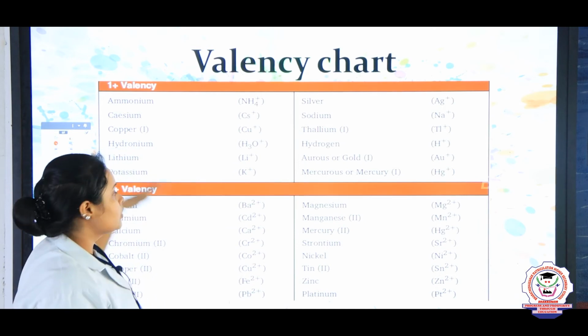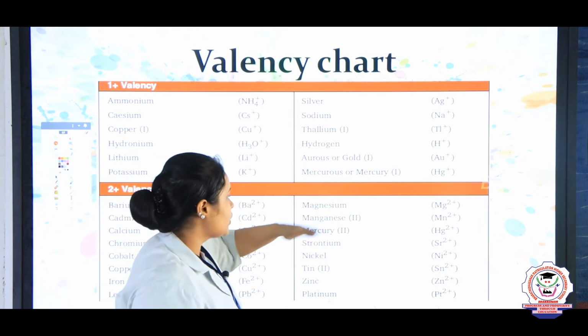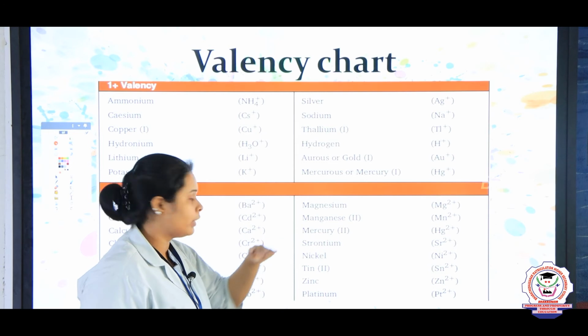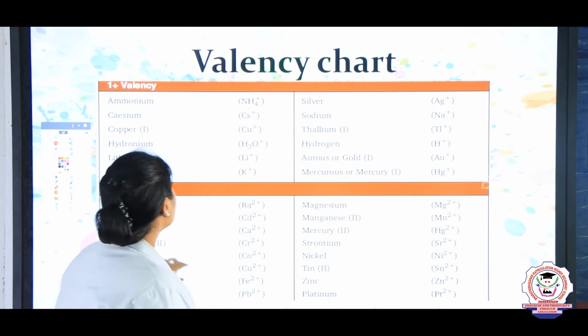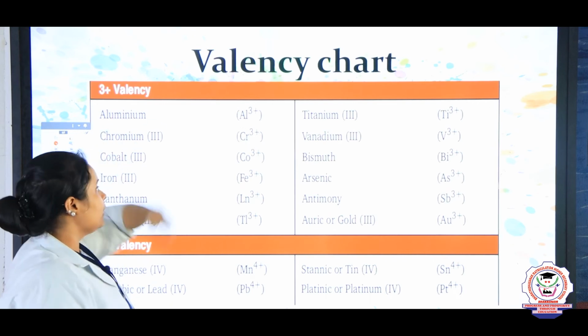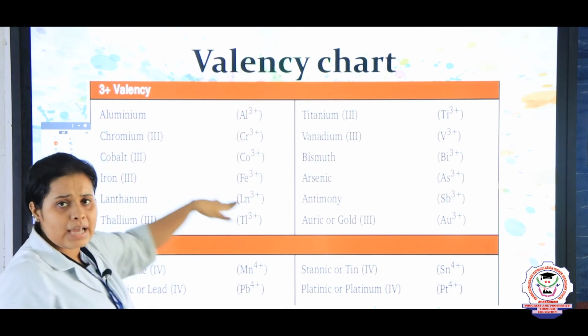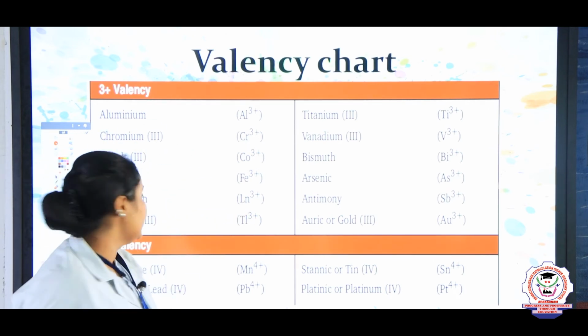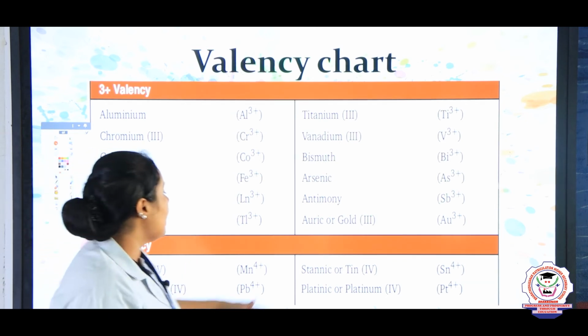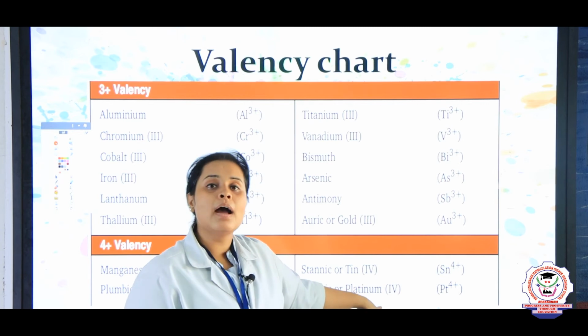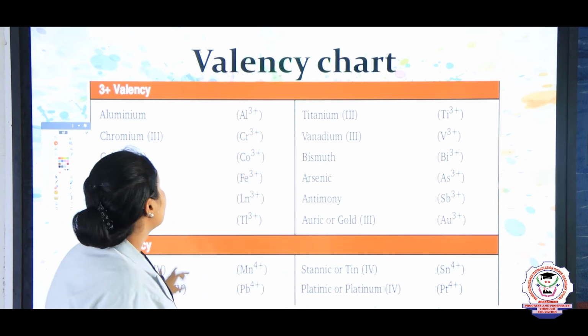The valency 2 group includes magnesium, manganese, mercury, strontium, nickel, tin, which have 2+. Then aluminium, chromium, cobalt, iron can have 3+, and valency 4 can be for manganese, lead, tin and platinum.